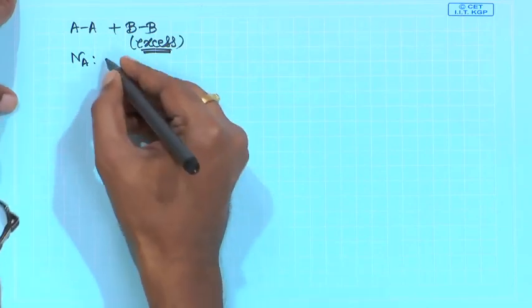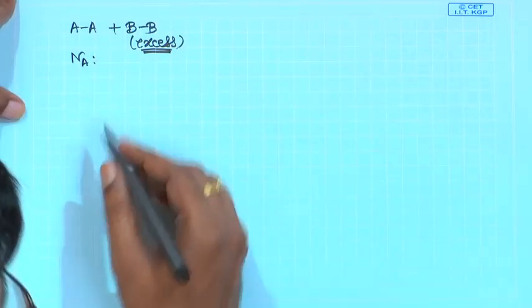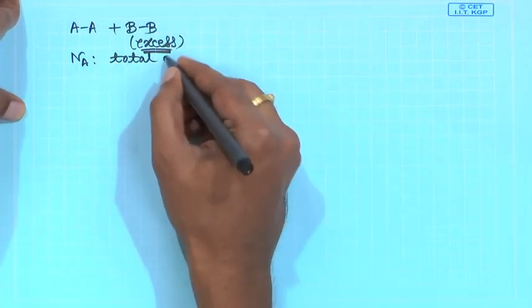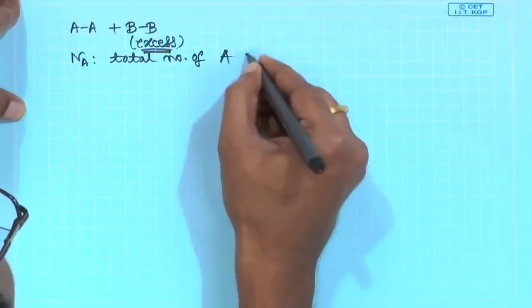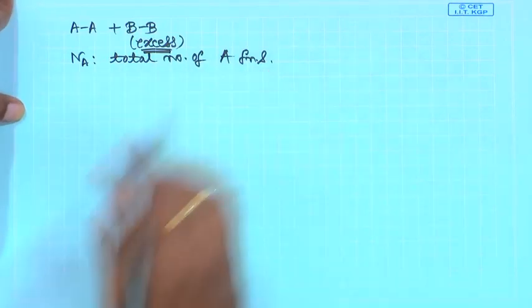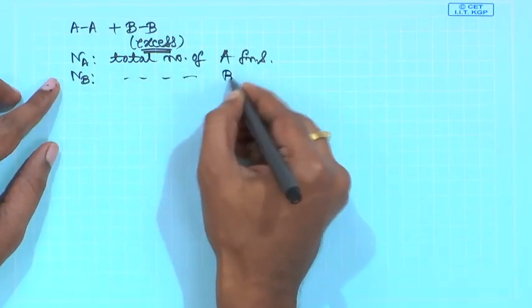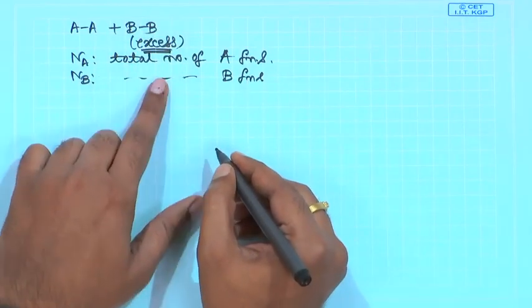N A is the total number of A functional groups present. N B is the total number of B functional groups. Now, B is in excess.